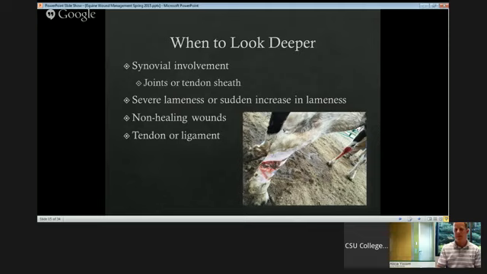And then another thing that we really consider with wounds and reassessing wounds diagnostically is when they're not healing appropriately, like you would expect. And then tendon and ligament involvement too. Sometimes we have to use other techniques in order to identify the integrity of those structures.